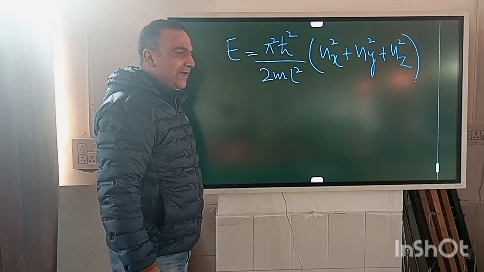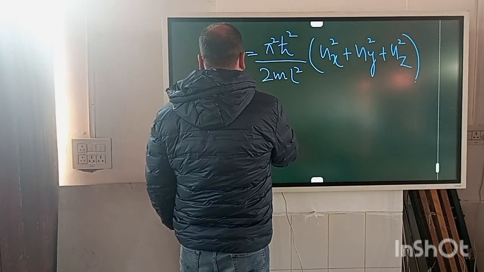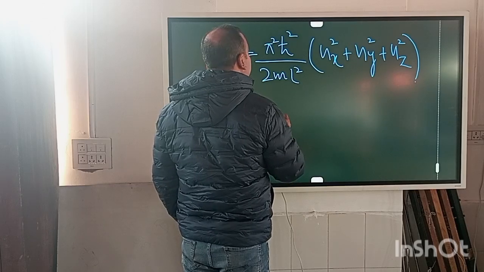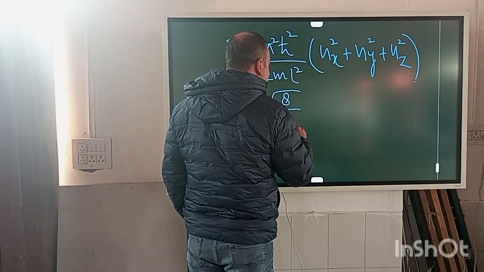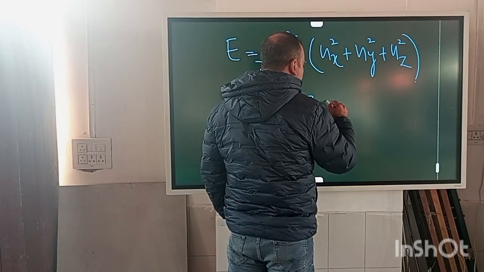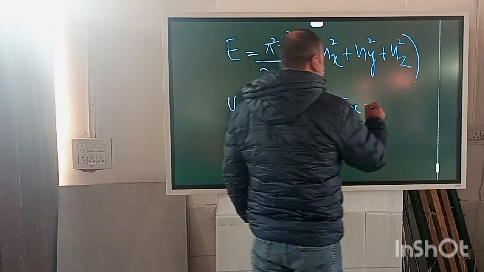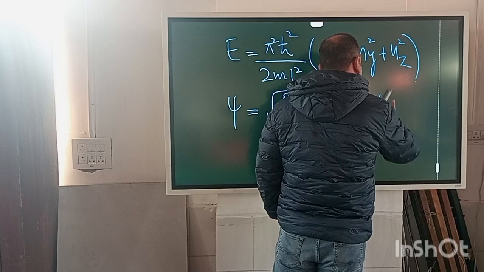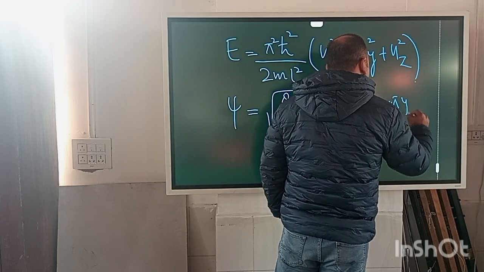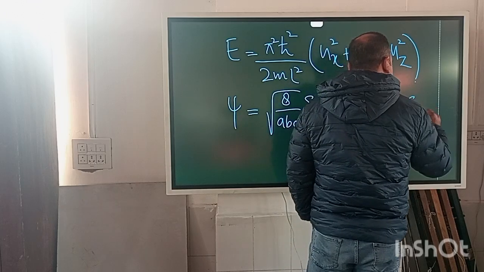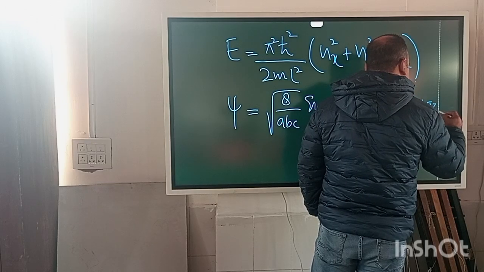So this is the total energy of the particle in a three-dimensional box, and the wave function that we have calculated is under root of 8 by a, b, and c, and then sine of nx pi x by a, then sine of ny pi y by b, and sine of nz pi z by c.